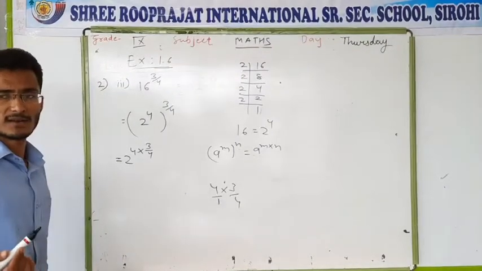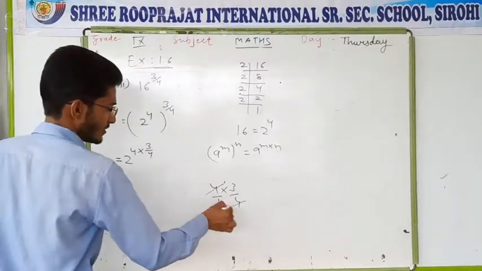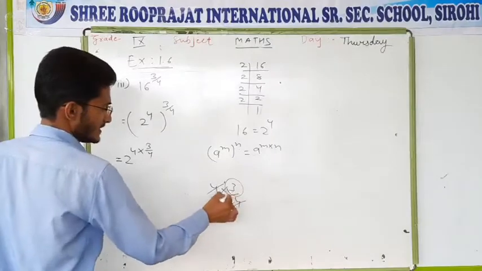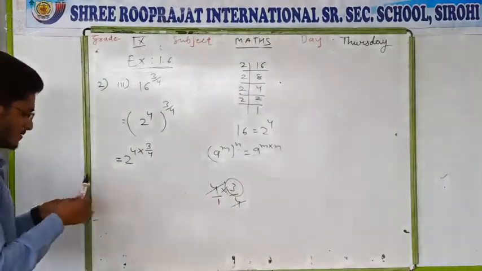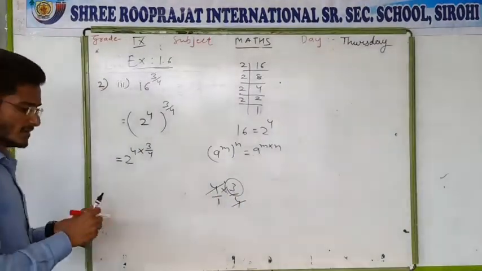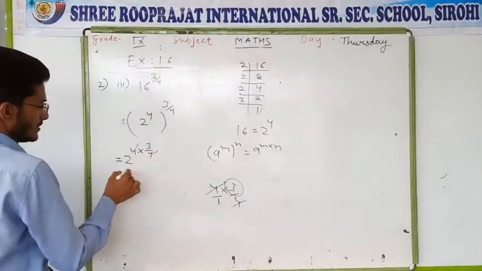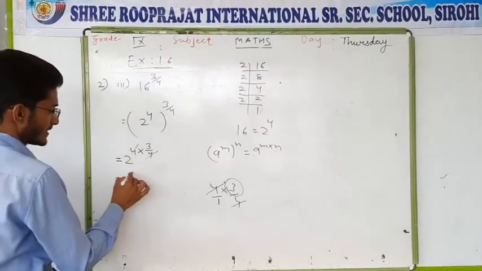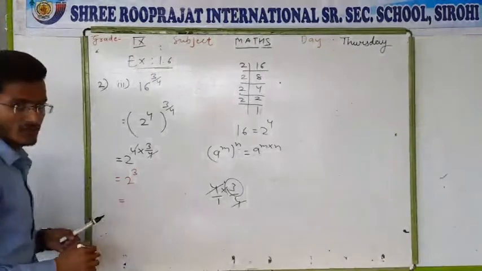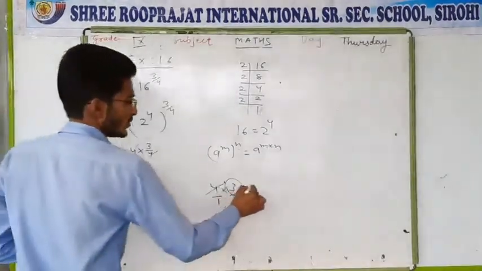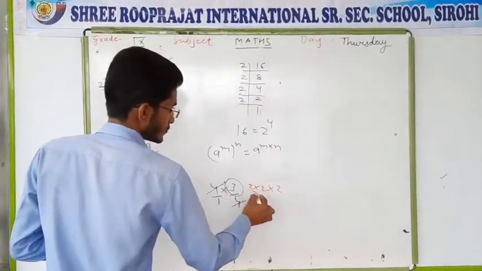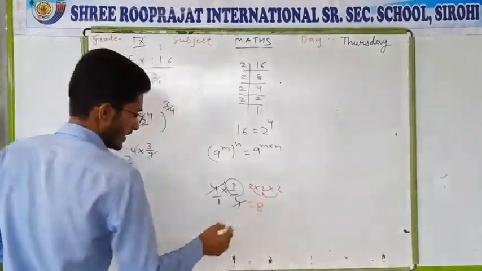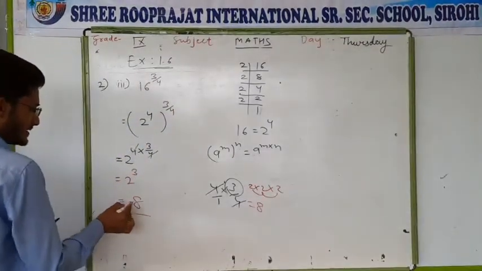You can divide numerator and denominator by the same number. So 4 and 4 cancel, and only 3 is remaining. So here you get 2 to the power 3, which means 2, 2 and 2. 2 twos are 4 and 4 twos are 8. So here you will get the answer 8.